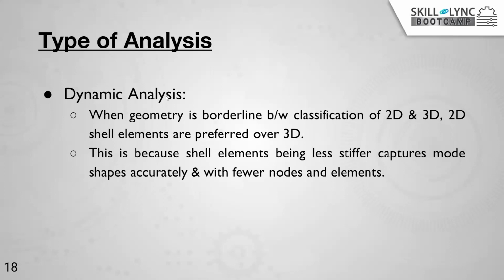Dynamic analysis means the prerequisite would mostly be modal analysis, in which you would be capturing the mode shapes of that particular structure. So in case of shell meshing, since the stiffness would be lesser, you would be able to capture the mode shape behavior more accurately. That is the advantage.